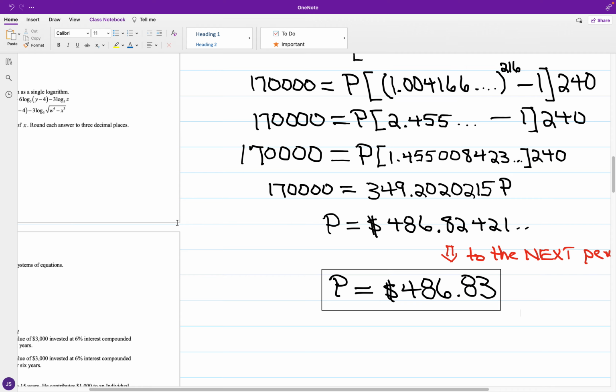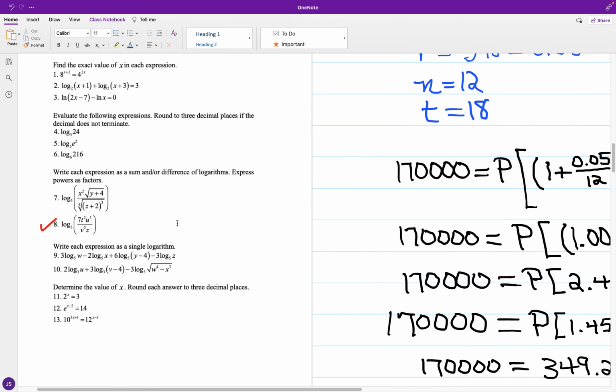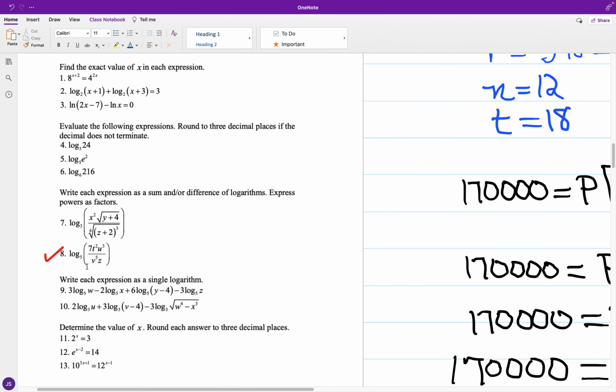Now there was something with expressions that I had inadvertently left out, expressing as sums and differences of logarithms, from the study questions portion.